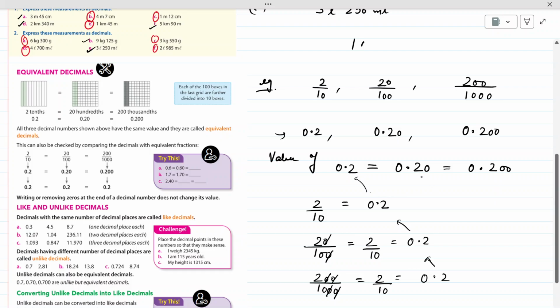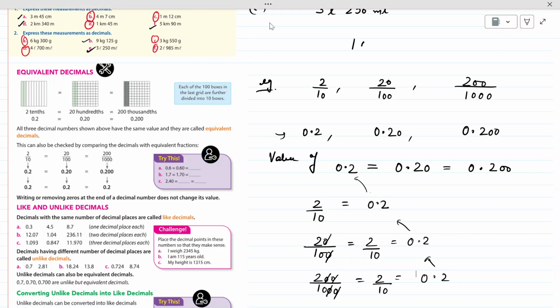Because here I have added one 0 at the end of the number. After this, we do not have any number from 1 to 9. We have only 0. So if we write 0 at the end of the decimal number, always remember, at the end of the decimal number, the value will not be changed.